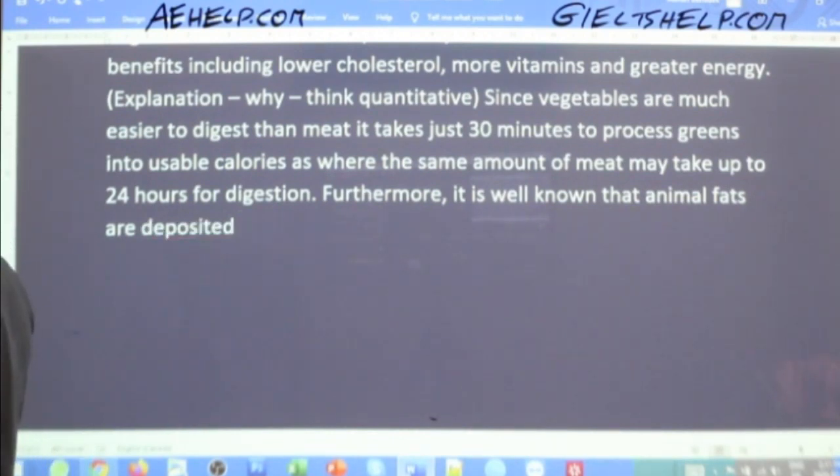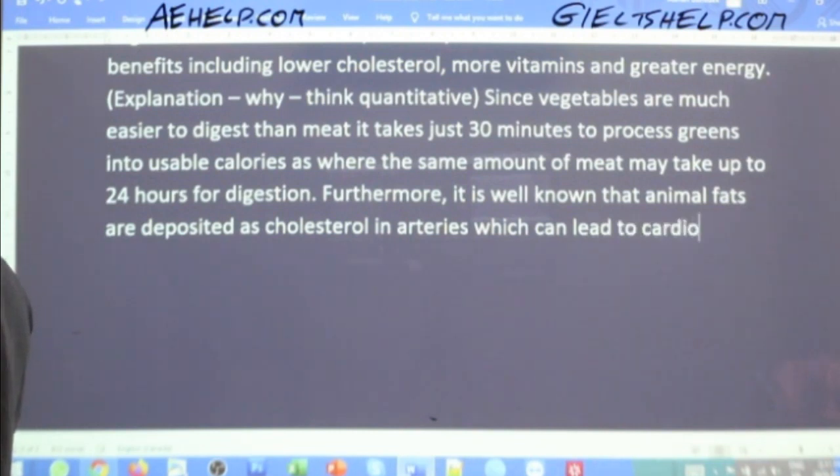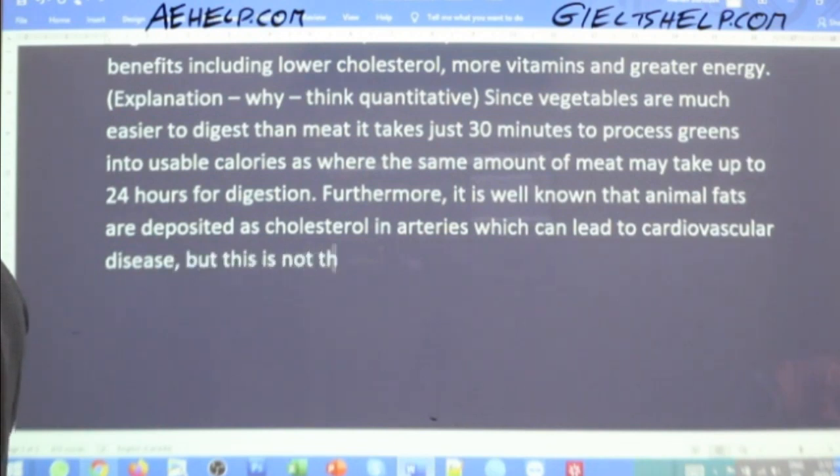So furthermore, it is well known that animal fats are deposited as cholesterol in arteries, which can lead to cardiovascular disease. But this is not the case with a plant-based diet.